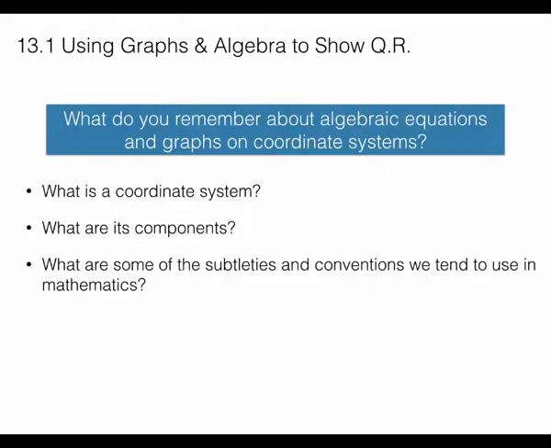when you think about capturing relationships, algebraically and graphically, there are conventions, right? So we tend to represent these things in a coordinate system. What constitutes a coordinate system? What are some of the subtleties that we have to be aware of?